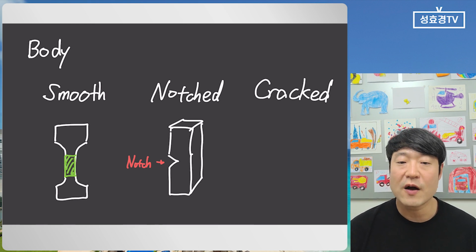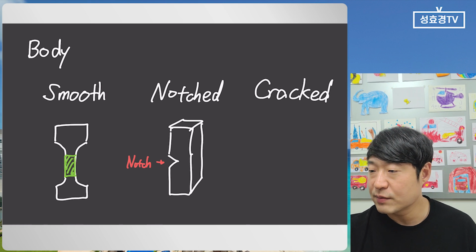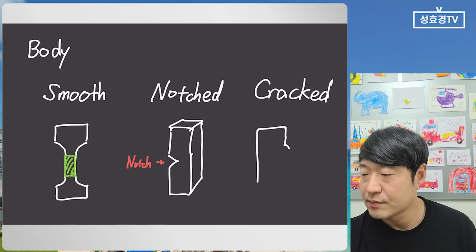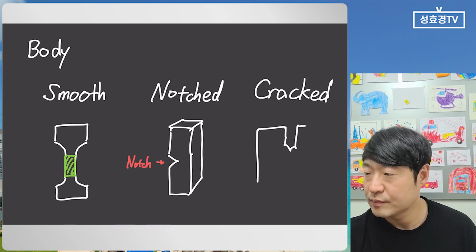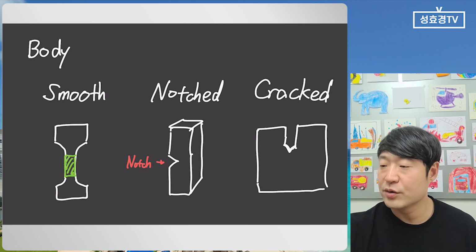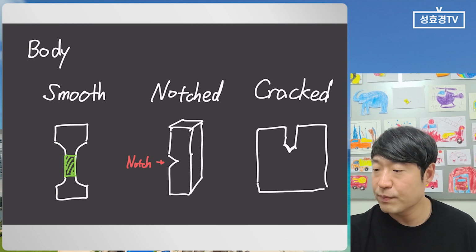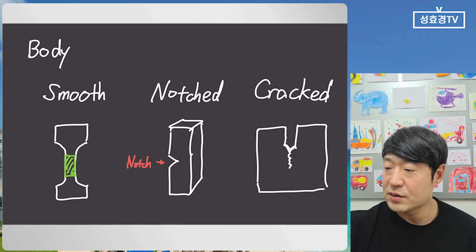But exactly what we want to do is the cracked body. So I will just draw the picture like this. There is already a notch made. An important part is that a crack should be made at this part. So this is a crack.